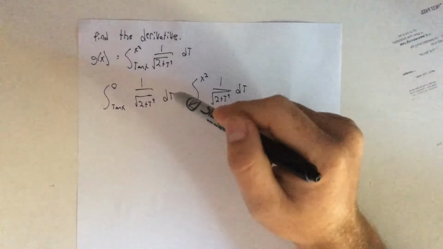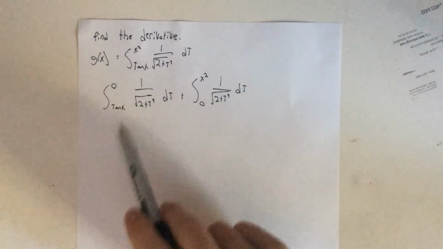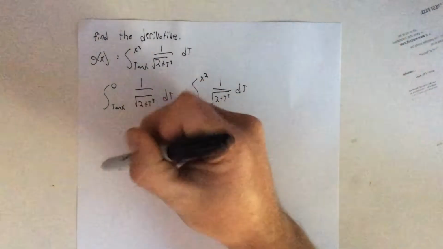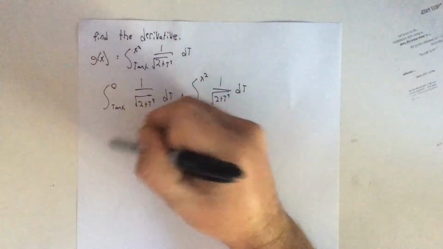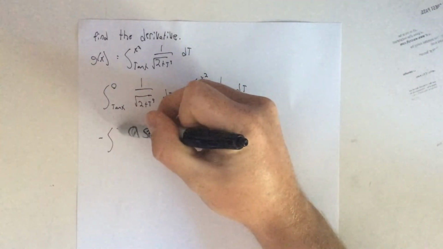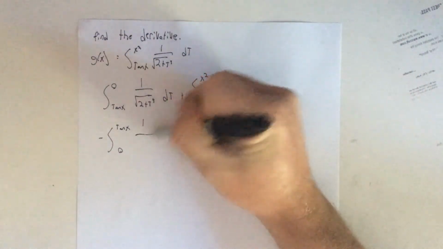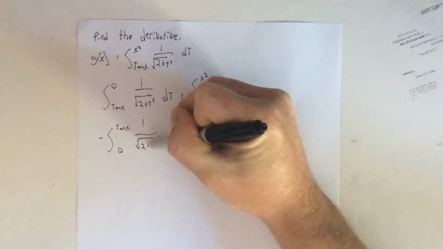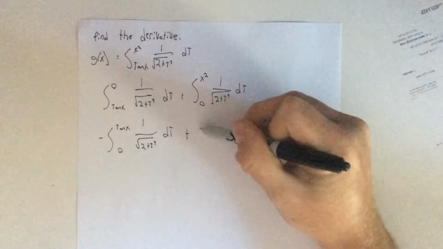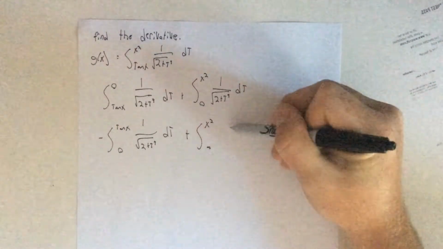And then notice how this integral has the tan x on the bottom, or our variable, on the bottom. So we'll just need to move that to the top by popping a negative out front there. So then it's from 0 to tan x of the same thing. And then this piece is the same because our x is up top. That's a 0.